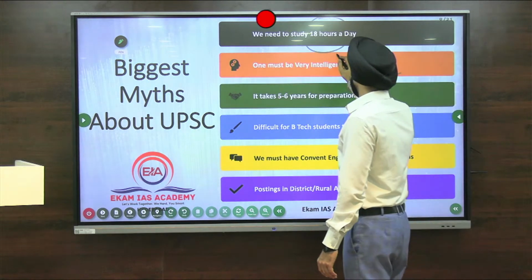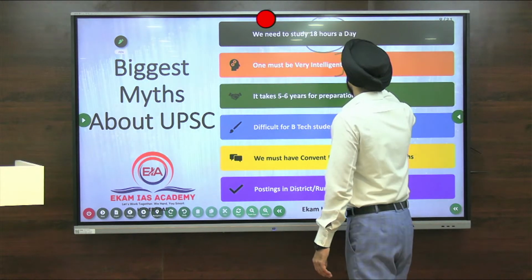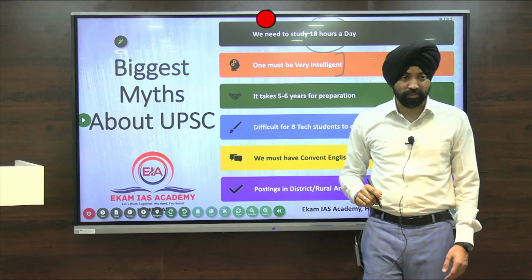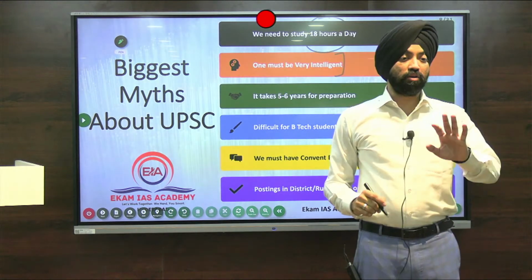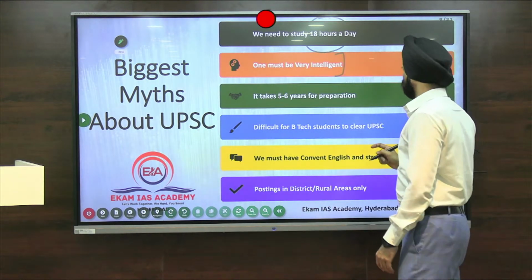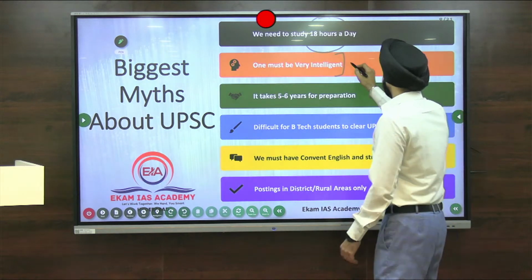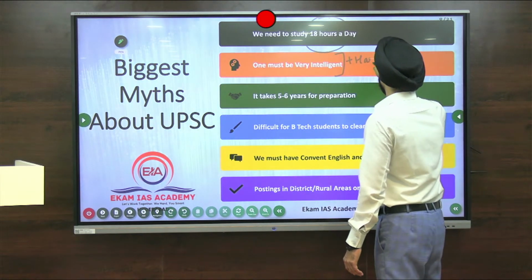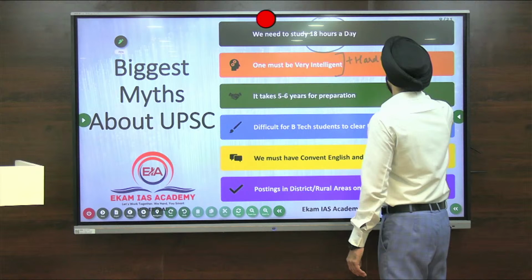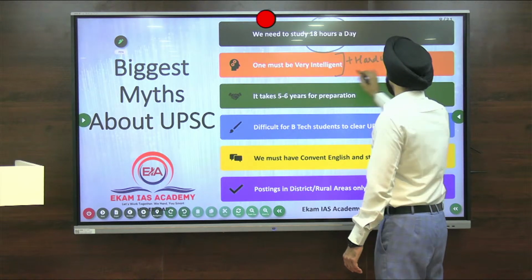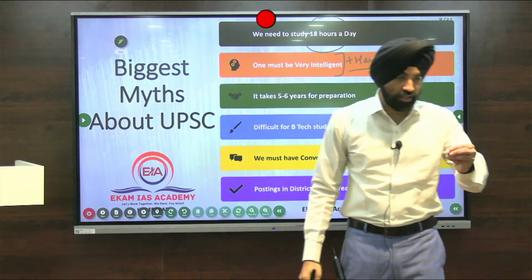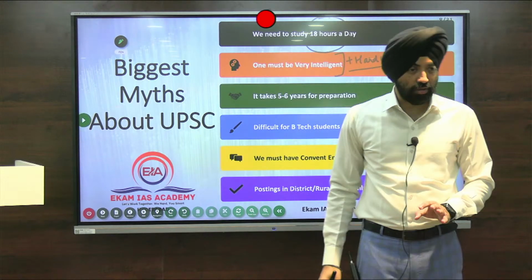And there is one more notion, that one has to be super intelligent to pass the UPSC examination. That is again not true. But one quality you need to have is that you should be hardworking. Even if you are a little less intelligent, if you are hardworking, this is a competition that you can pass.